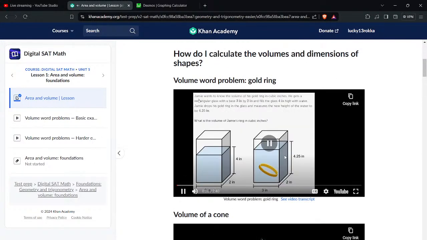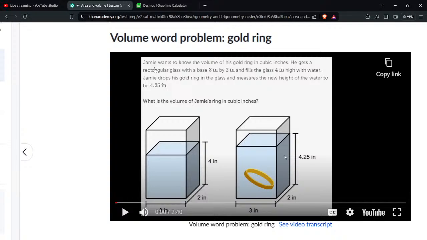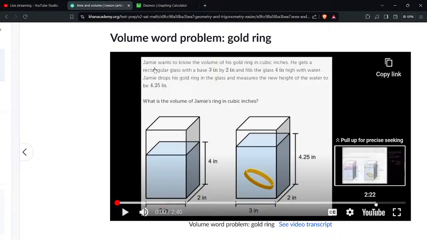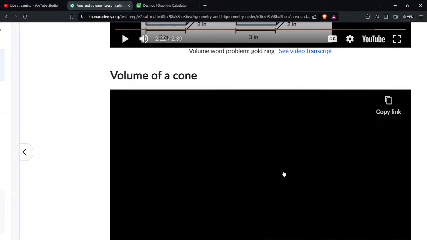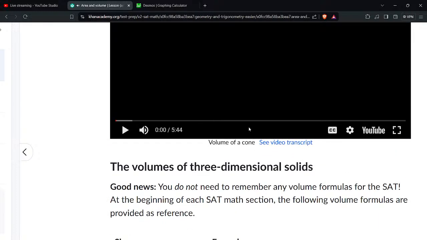This is bullshit. This is some dog shit question. So the volume is definitely 0.25 times 2 times 3, right? This is like the dumbest question ever. You just need to memorize these questions, right?